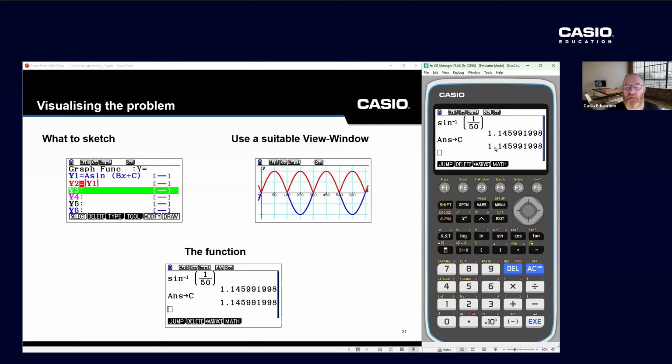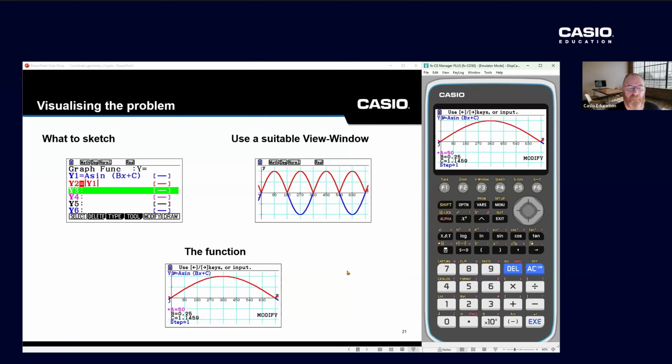Okay, so that's nice and exact now. If you go back to a graph and modify, you will see that the value of C has been carried forward. Okay, and at this point, if you exit and analyze, you can in fact confirm that your graph is now correct. So for example, you could find the y-intercept of my modulus function.